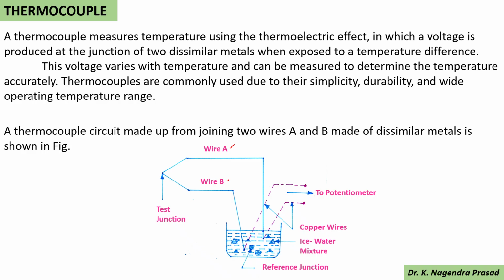Now when the two dissimilar metals are exposed to different temperatures, a voltage is produced, and this voltage varies with the temperature and can be measured to determine the temperature accurately. Thermocouples are commonly used due to their simplicity, durability and wide operating temperature ranges.